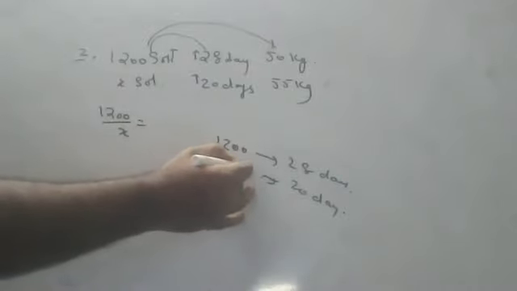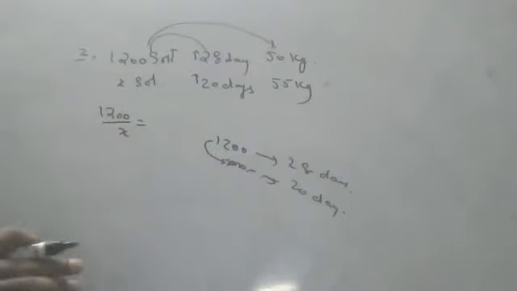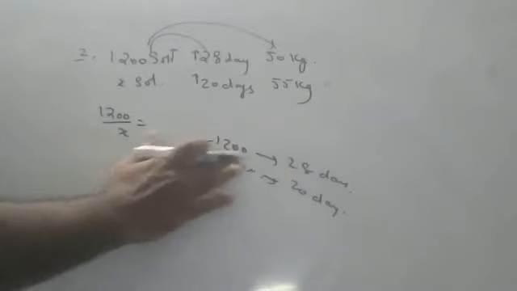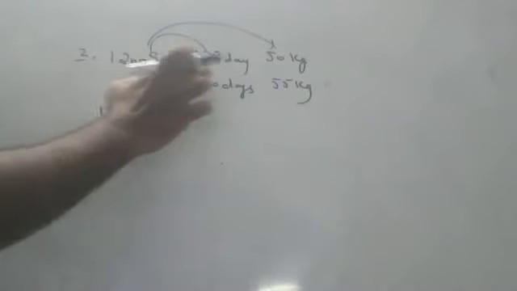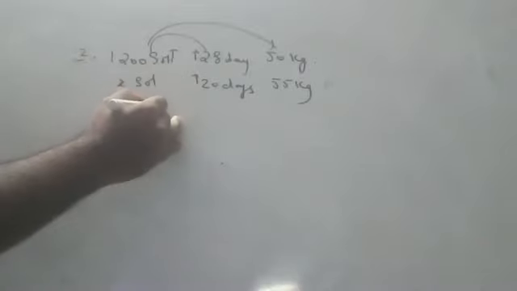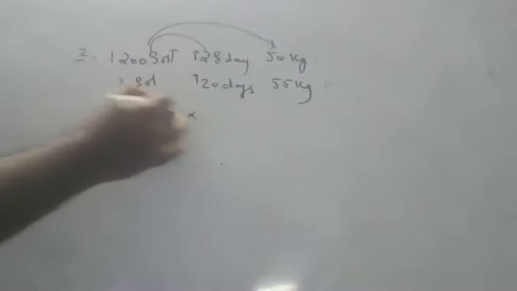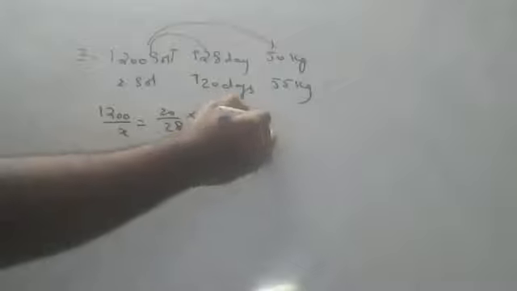More soldiers, because if more soldiers are there, then the food will be finished in 20 days only. So these both are inversely proportional. So reverse, you put 20 by 28.